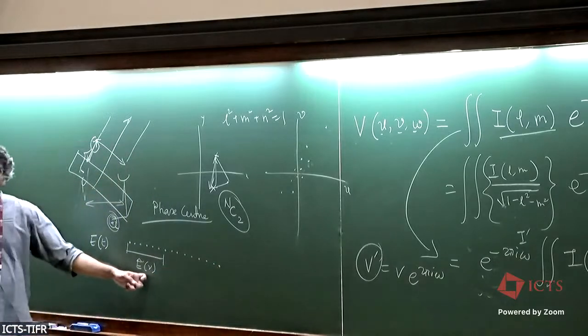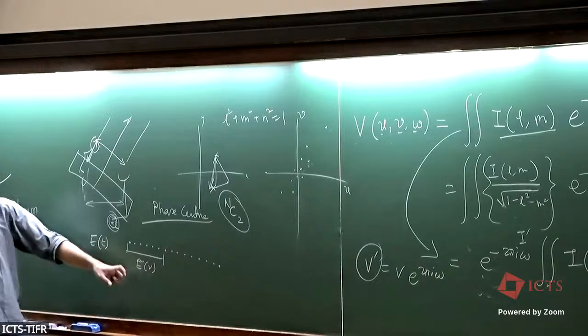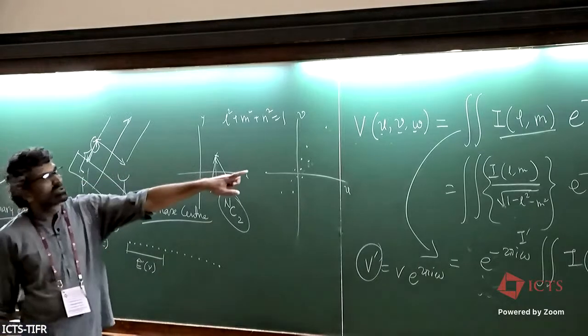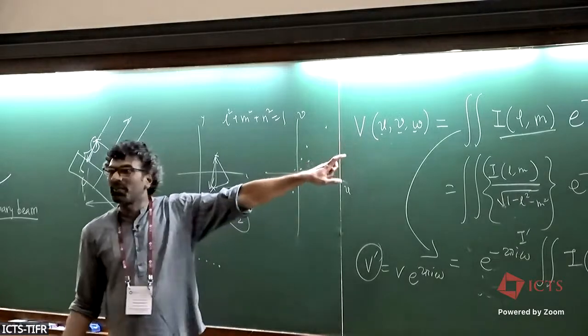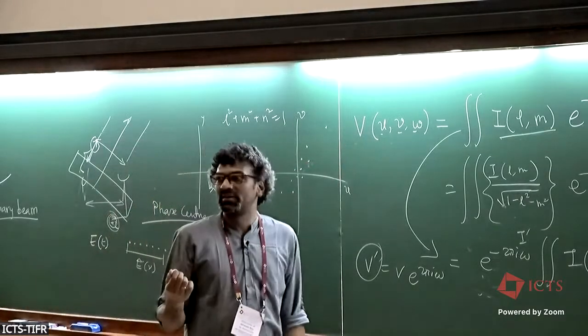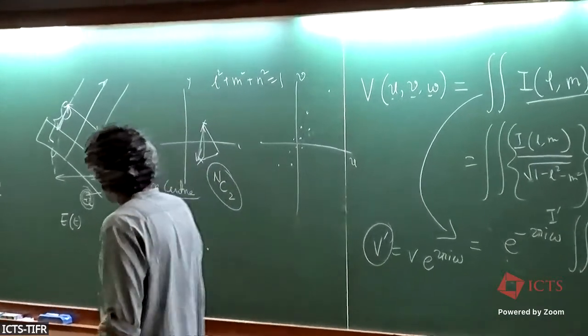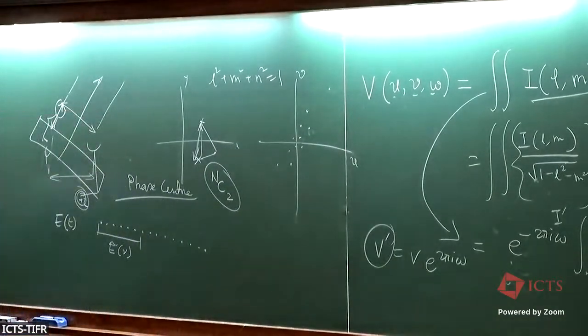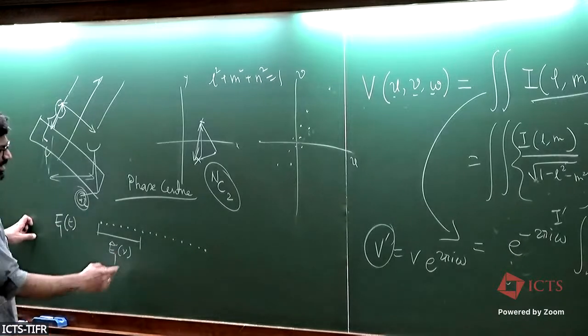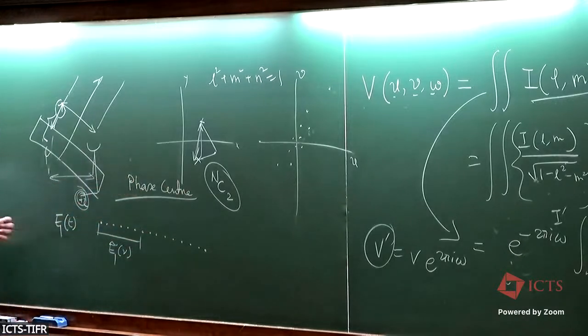Why am I doing this? Because you can again show that whatever we were talking about here is truly applicable for a monochromatic wave. If I take this E(t), which has signal from all different frequencies, let's say this is E1(t), and correlate with my E2(t) from another antenna, you will wash out the signal. You will not get a correlated signal.